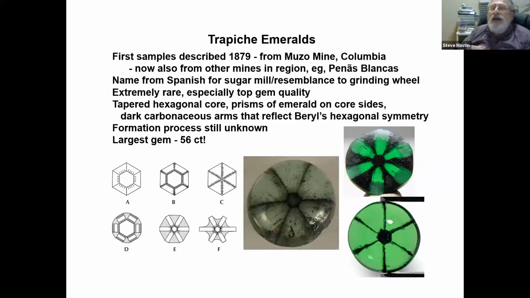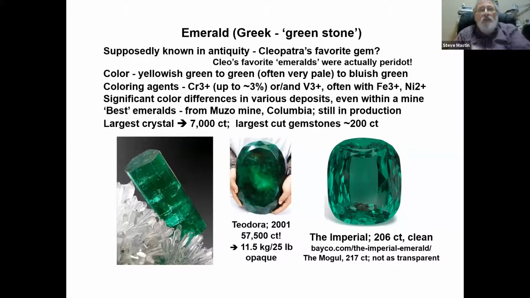Now, there's a weird kind of emerald that most people have never heard of called Trapiche emeralds. And they were described from the most famous emerald mine in Colombia, the Muzo mine. And the Muzo mine produces what are called the best emeralds. And it was in production when the Spaniards found the mine, and it's still in production.